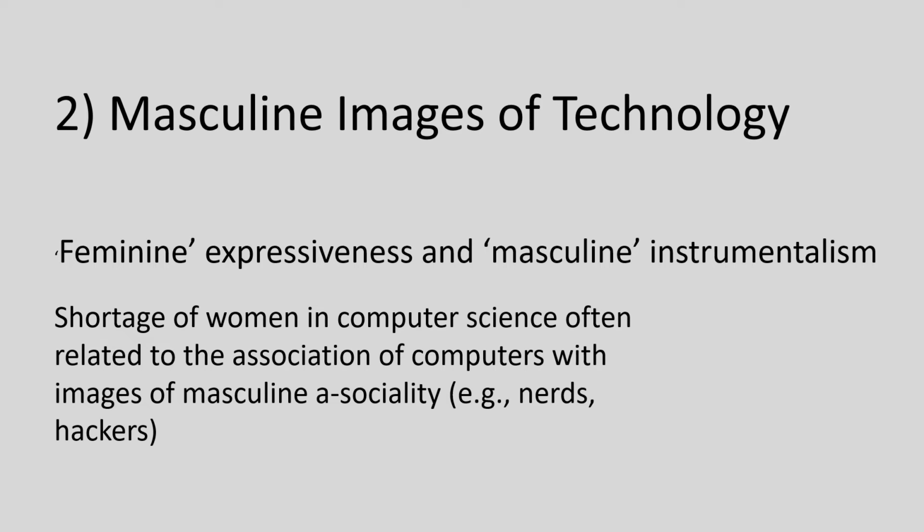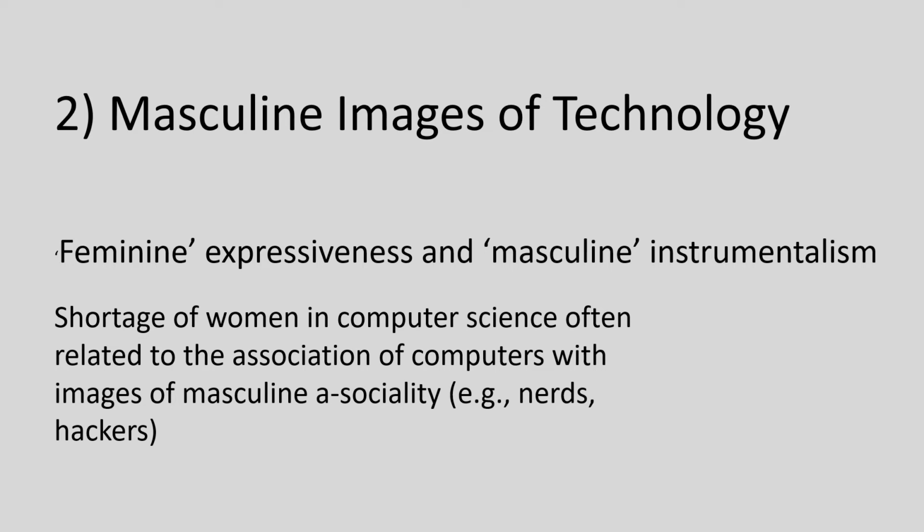So the second thing she talks about here is the masculine images of technology, and the distinction between feminine expressiveness and masculine instrumentalism. The shortage of women in computer science, the disparity between men and women who study computer science, is often related to the association of computers with images of masculine asociality.